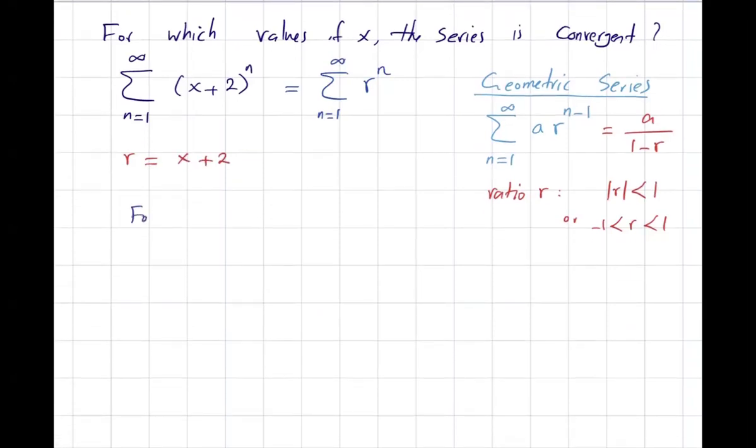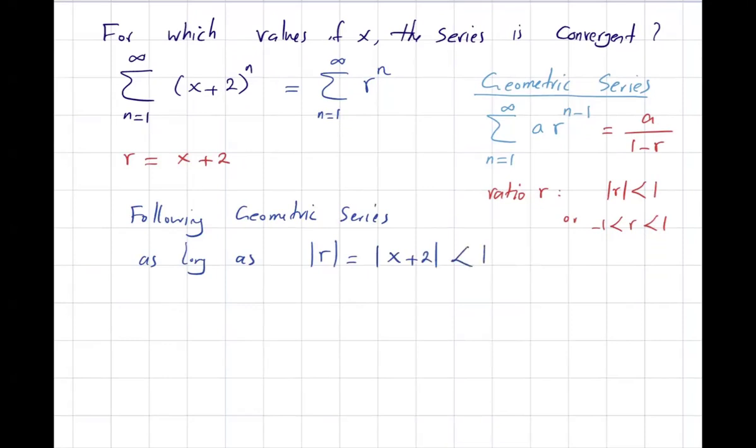Following the general form of a geometric series, as long as the absolute value of r, which is the absolute value of x plus 2, is less than 1, we have a convergent series.